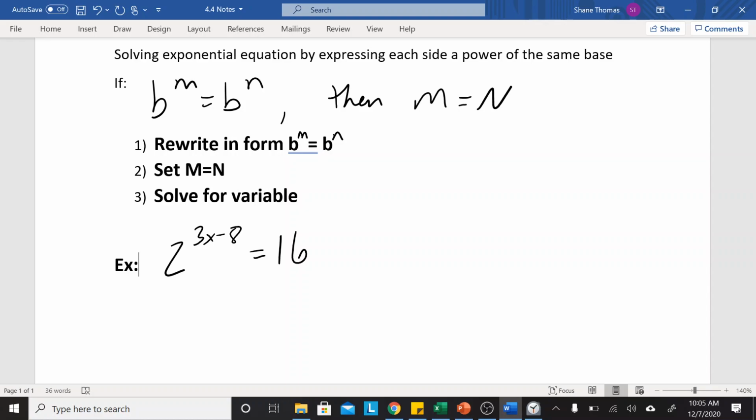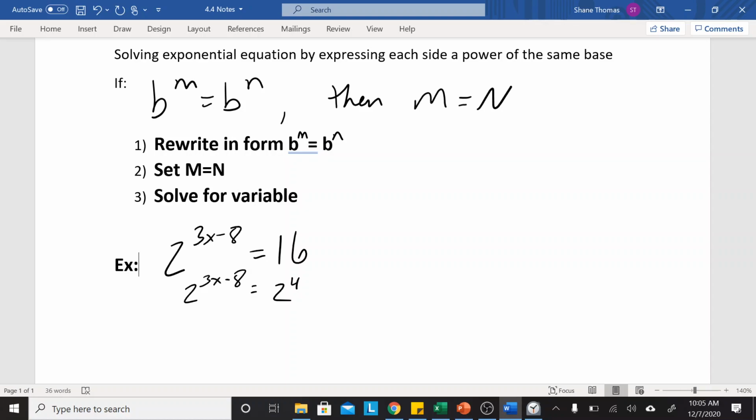Can I rewrite 16 as something to a power with a base of 2? So 2 to what power would be 16? To the 4th. Okay, so I can rewrite this as 2 to the 3x minus 8 equals 2 to the 4th.